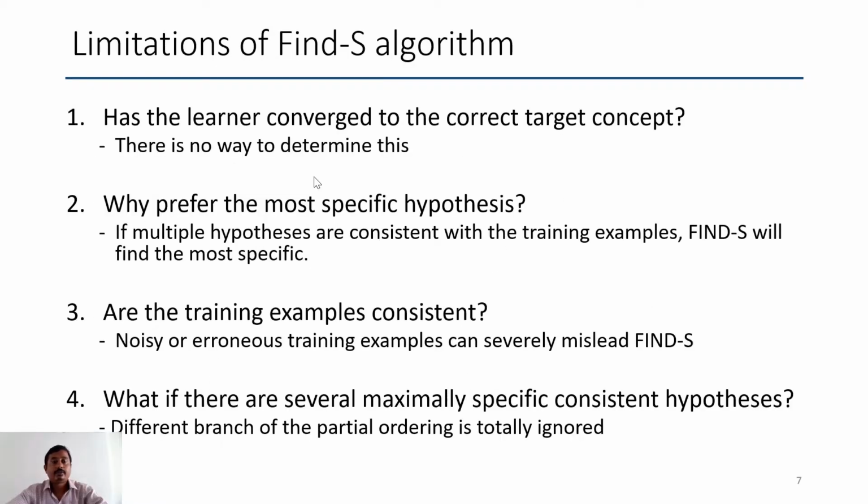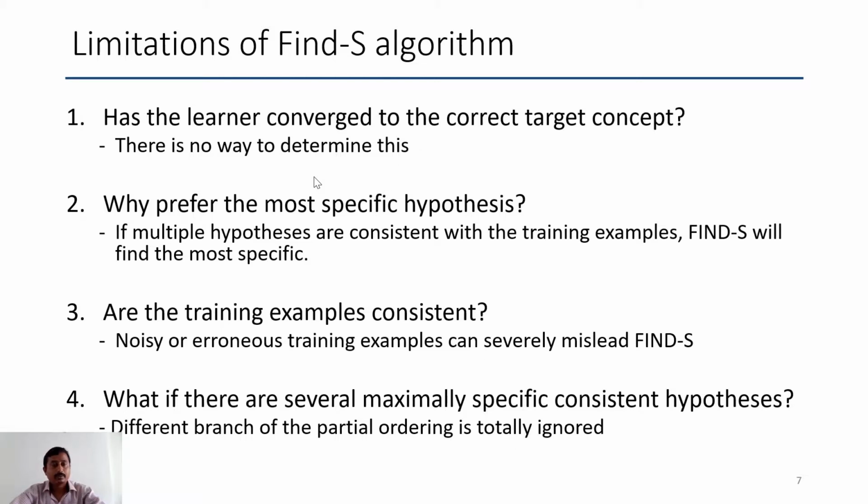There are a few limitations of the Find-S algorithm. There are several questions which are left unanswered by this learning algorithm. The first question is, has the learner converged to the correct target concept? There is no way to determine this. Our algorithm cannot guarantee that it has found the only hypothesis which is consistent with the data.